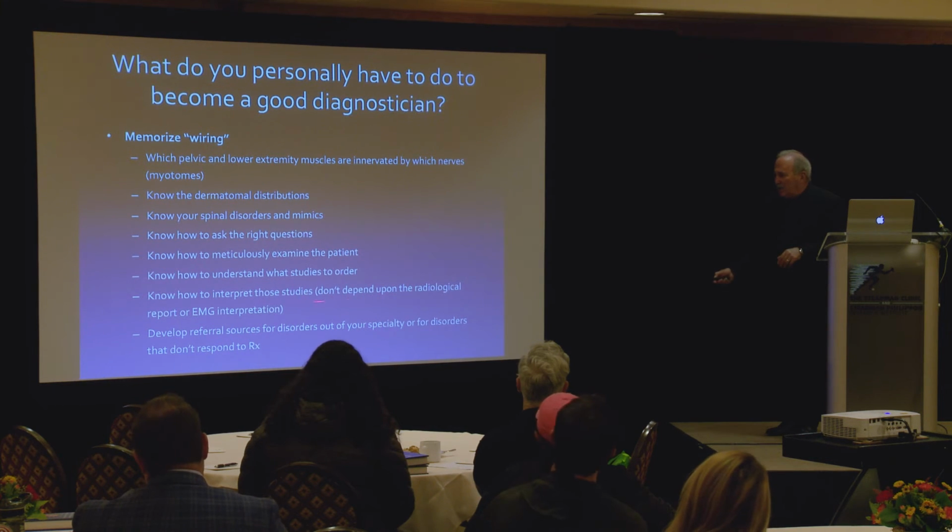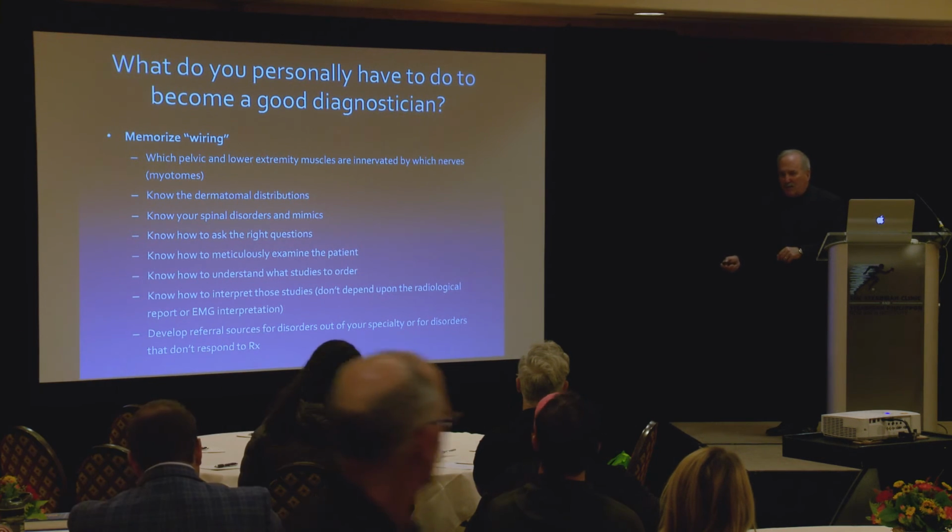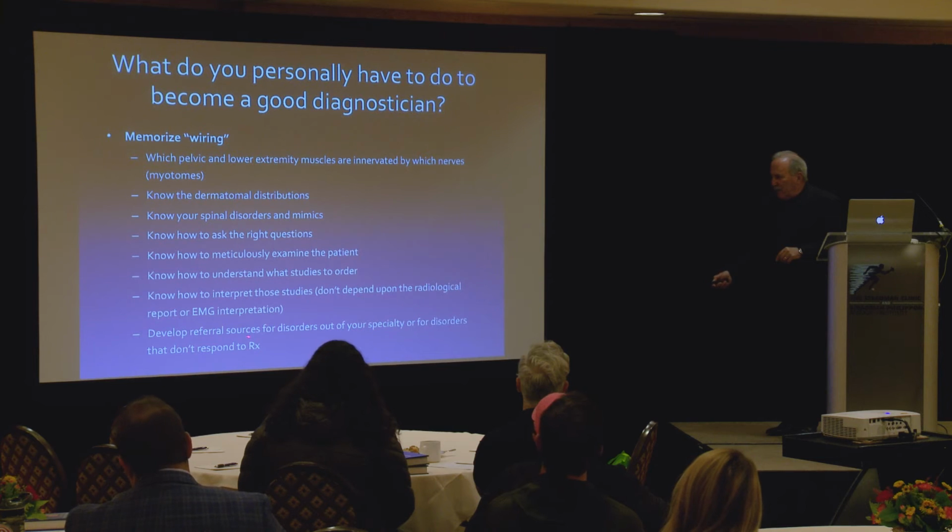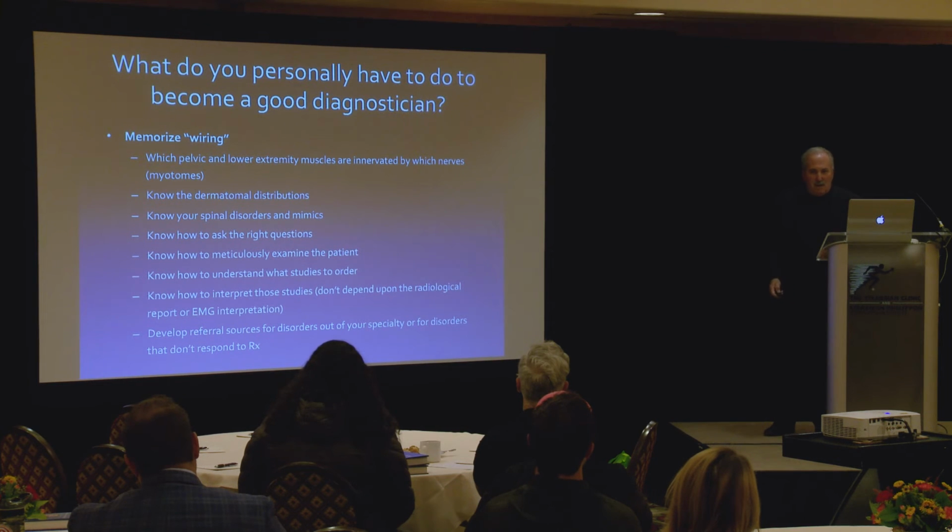Know how to interpret studies. Don't depend upon the EMG interpretation. Look, we'll go over the EMG and we'll talk about it. Go over the EMG itself and see if you agree with the person who did it. And develop referral sources. This is a big deal outside of your specialty. I don't treat ankylosing spondylitis other than the spinal deformity part.